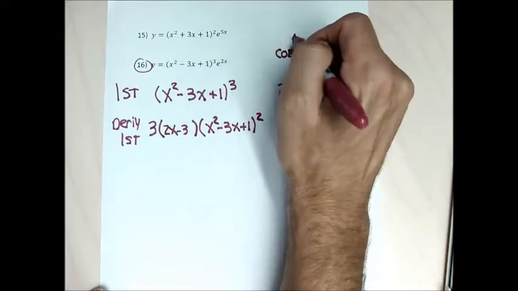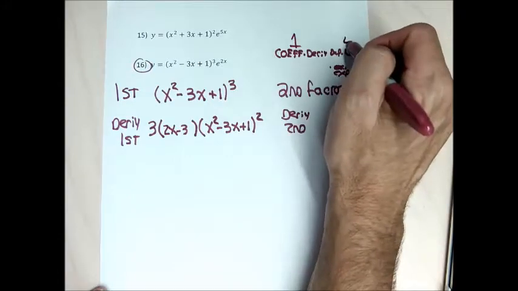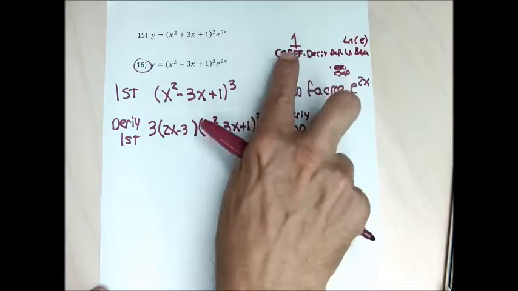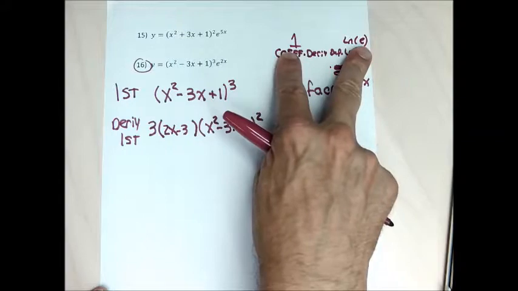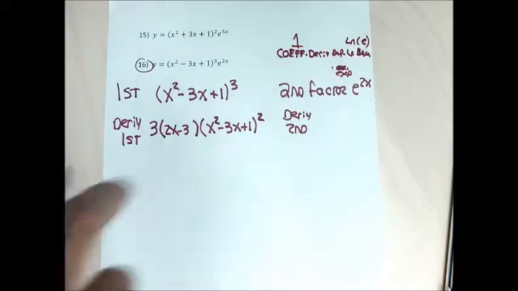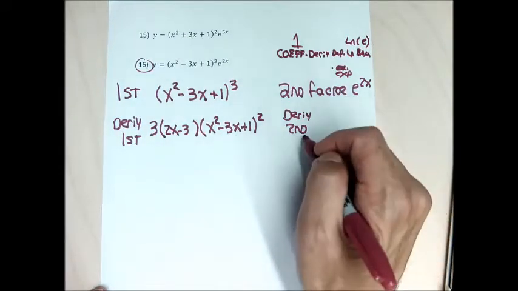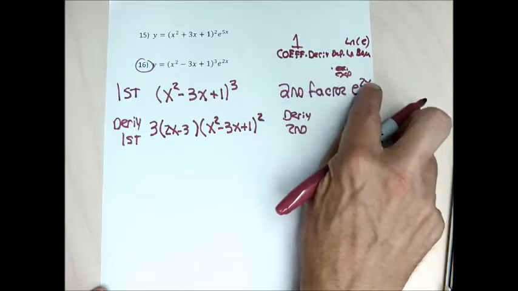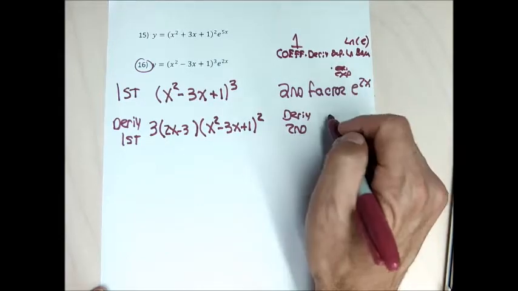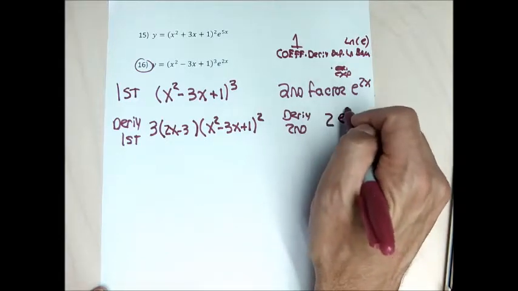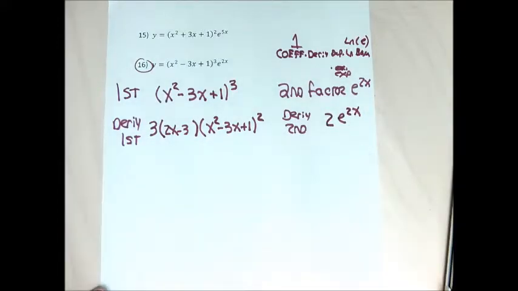And the coefficient is 1, and the base is 1, and I don't need to write either of those pieces because they're both equal to 1. So for the derivative here, I just need the derivative of the exponent, which is the derivative of 2x, which is just 2, times the exponential piece, which is e to the 2x.